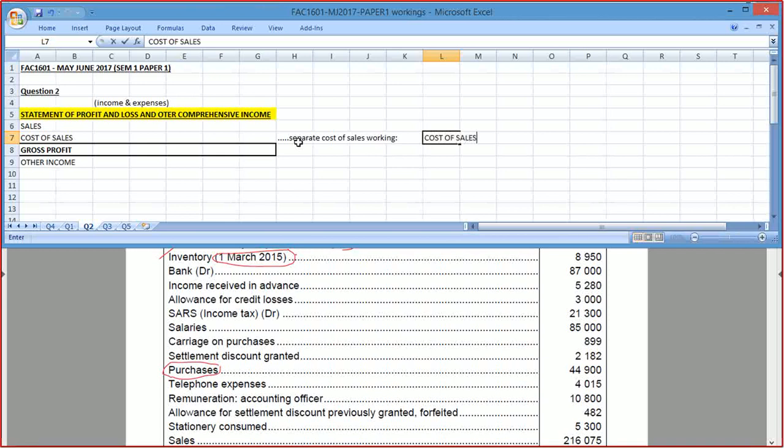The cost of sales calculation is as follows: opening stock, add purchases, less returns, add other costs like carriage on purchases, import and export duties, less closing stock.